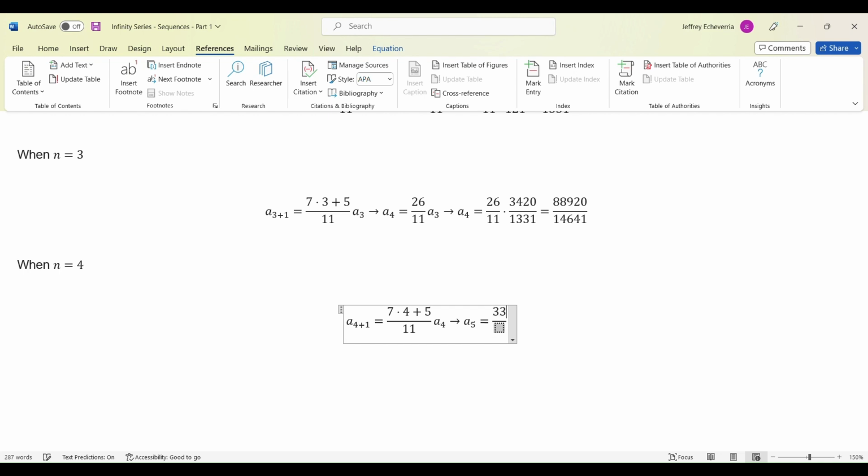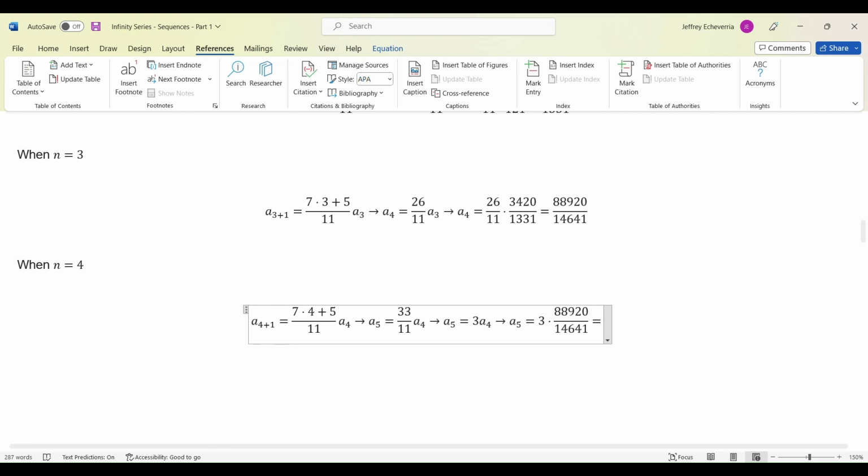So it'll be 33 over 11, a sub 4. We can simplify a little more and we get 3 a sub 4. But remember, we know what a sub 4 is. That's what we saw before. So finally a sub 5 will be 3 c dot 88,920 divided by 14,641.